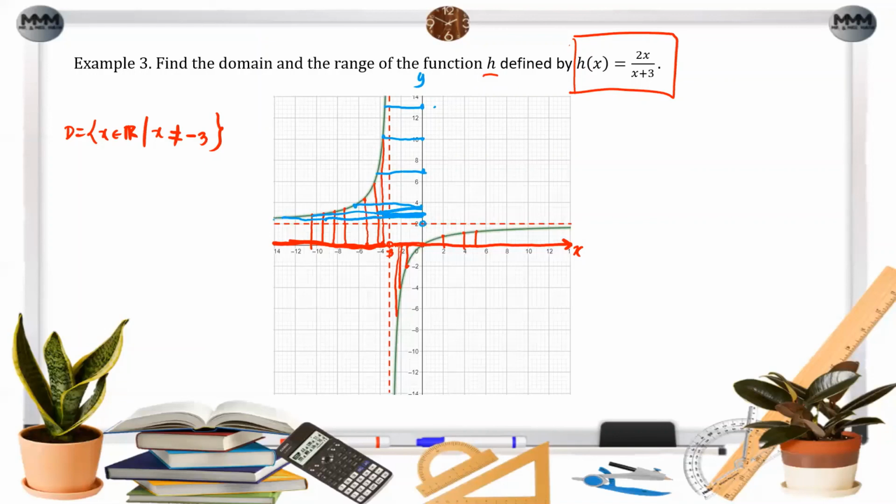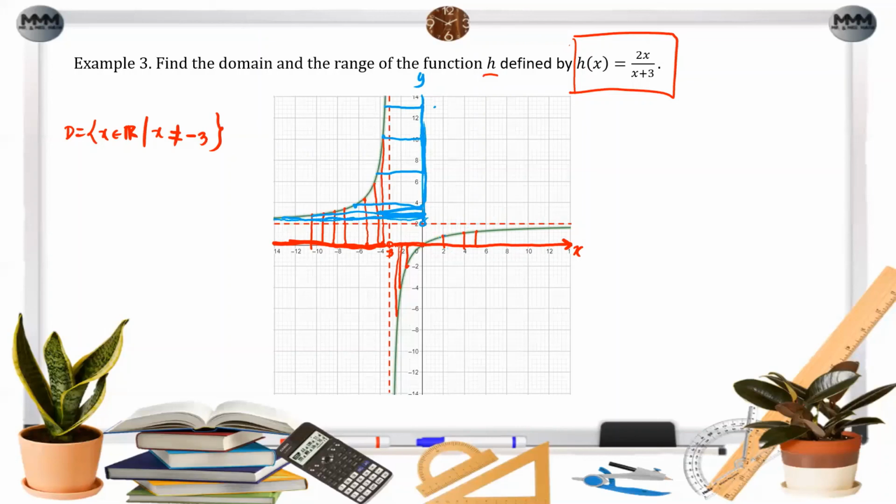So it will not touch. If we have the point here, as you can see, it will not touch +2. So +2 is not included. The range of the function will include these points. Okay, so let's have the other curve here.